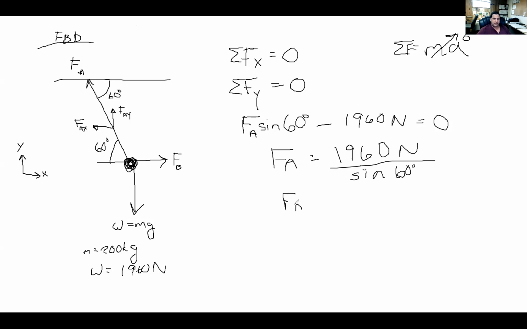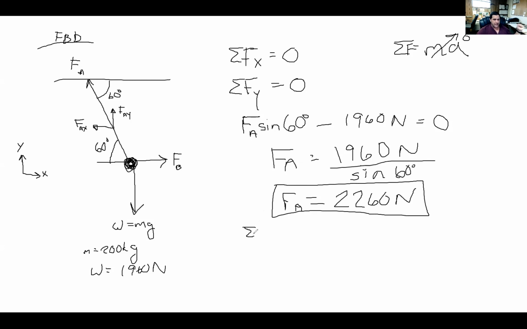So FA is equal to 2,260 newtons. That's only part of it. They wanted us to also solve for the other chord, which is FB.